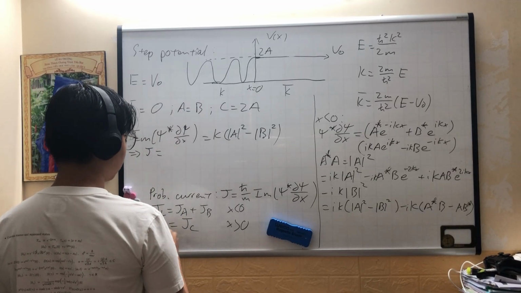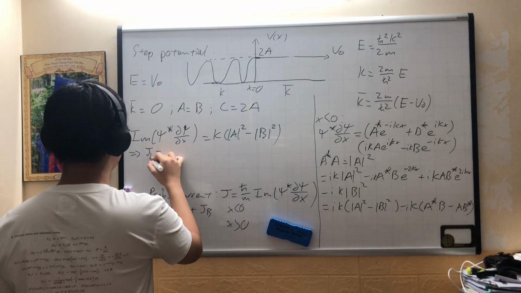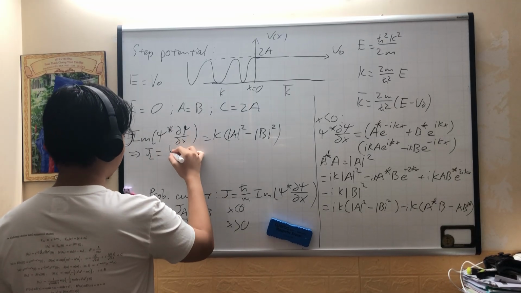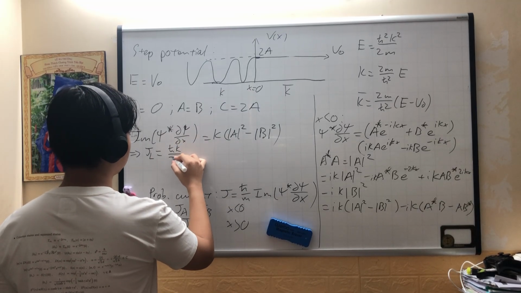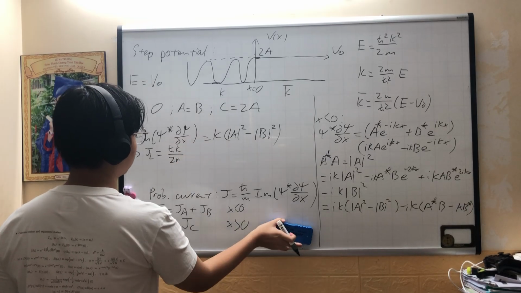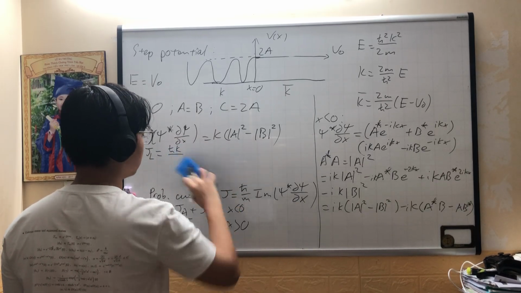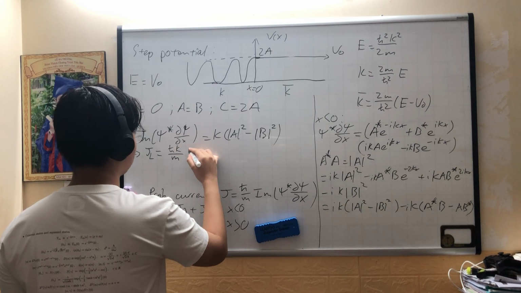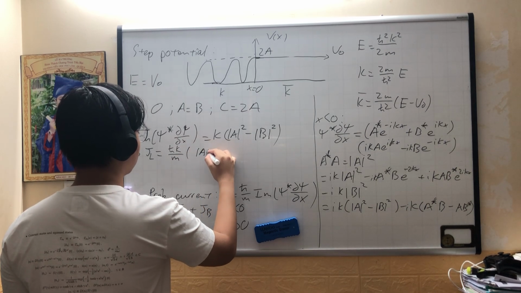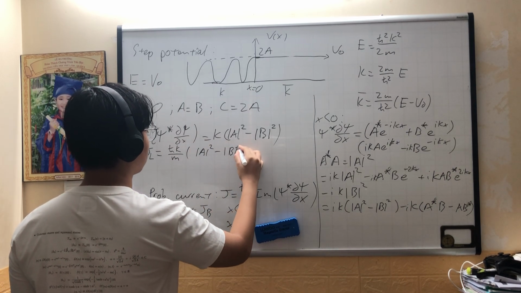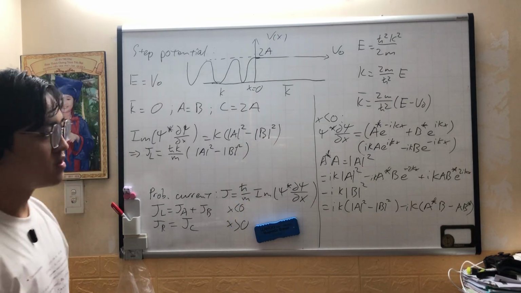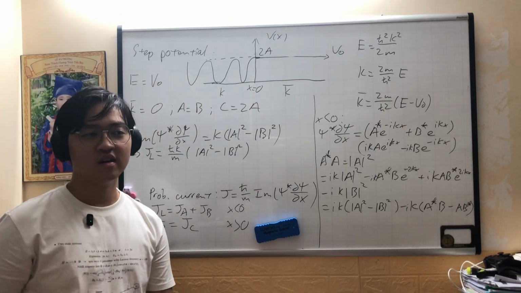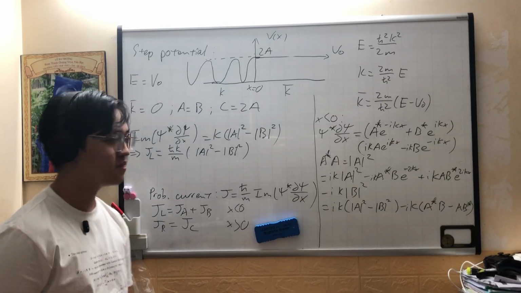You put that into your current, and that would give you J left, which is h bar k over m times the absolute value of A squared minus the absolute value of B squared. There we go. That is your J left.